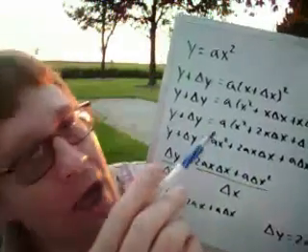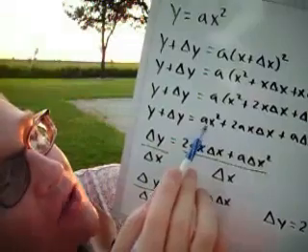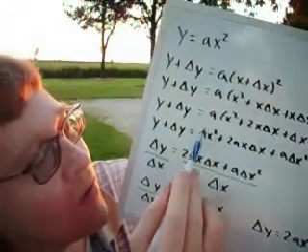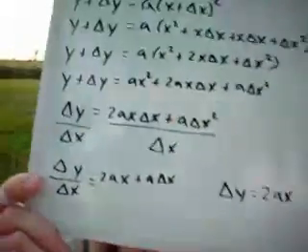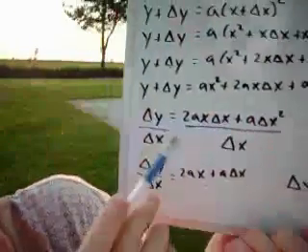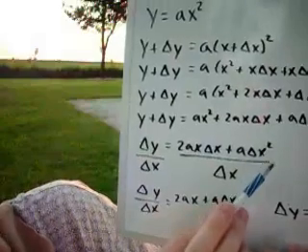Alright, as we said in our previous equation, y equals ax squared. These are the original terms. We're going to remove both of them. We're going to remove this term and this term. When we do, we get the delta y. Delta y equaling 2ax delta x plus a delta x squared.